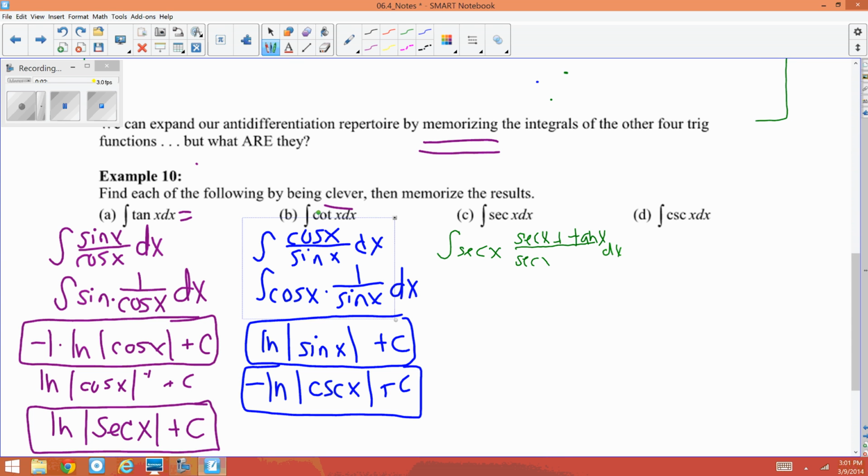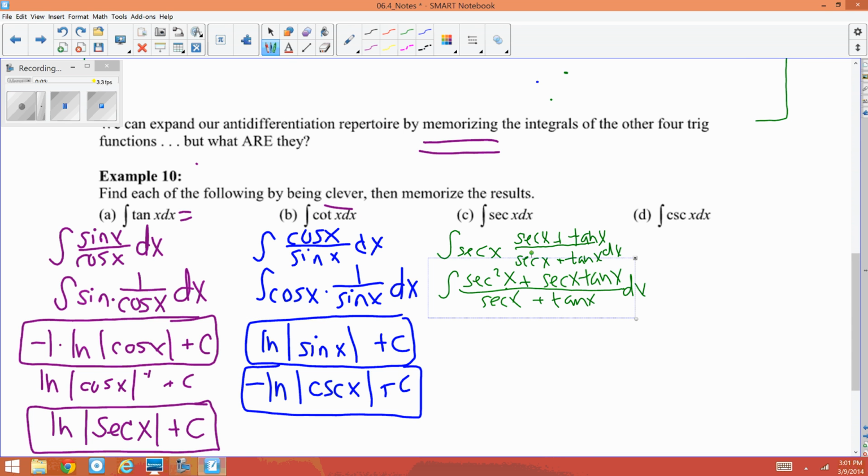You multiply by secant x plus tangent x over secant x plus tangent x. Now, the reason why you would want to do that is because this now becomes secant squared x plus secant x tangent x over secant of x plus tangent of x dx.